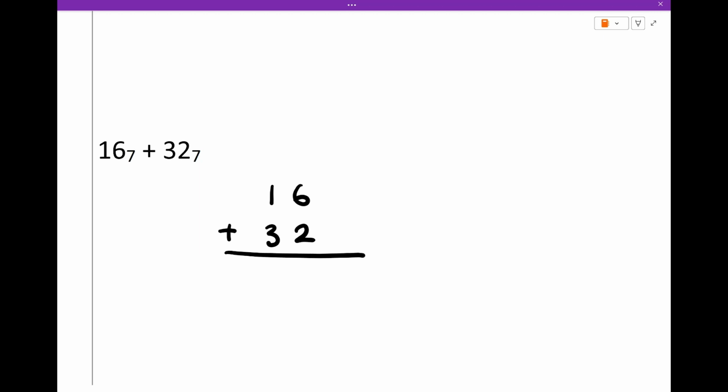Okay, so we're going to start by doing the 2 ones plus the 6 ones, which would give you 8 ones, technically. However, because we're working in base 7, we can't have an 8 in our answer. The highest digit we can have is a 6. So we're going to convert that 8 into 1 seven, and then we'd have 1 one left over to make the 8.